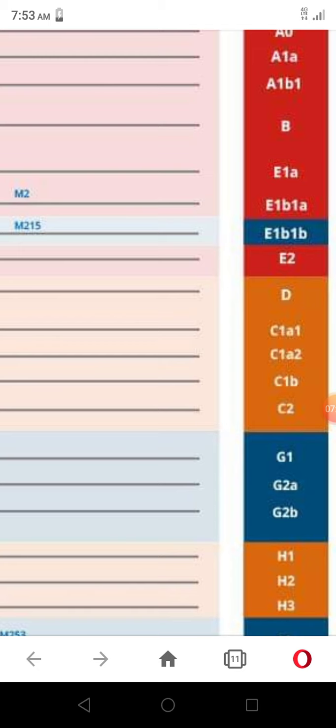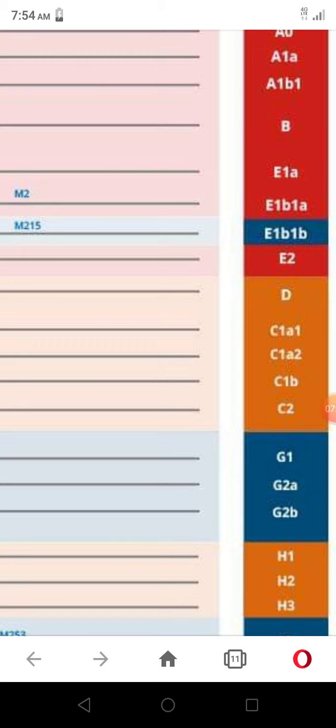E1A, E1B1A, E1B1B, E2, D, C1A, C1A2, C1B, C2. These are your Shemitic groups of people. We already know that the E1B1A is your Shemitic Israelite group.